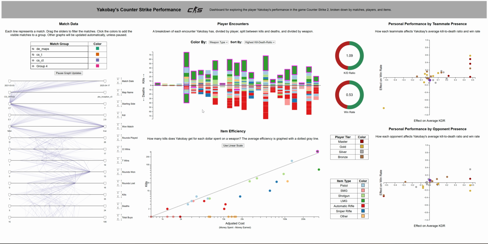An example of how I'd use this graph would be, I know an opponent on the other team is becoming a problem.